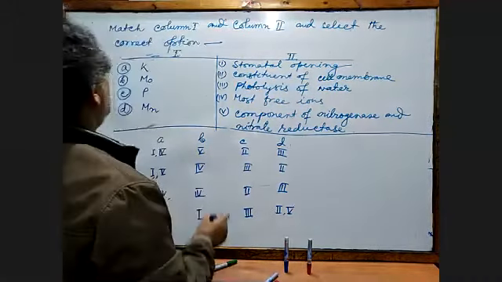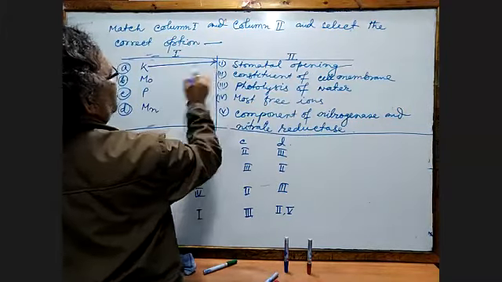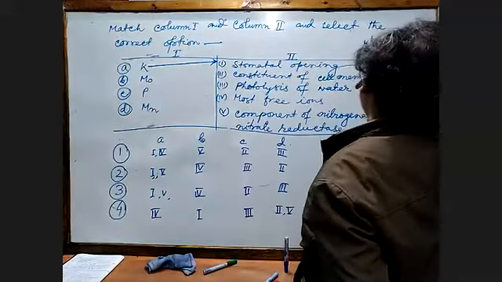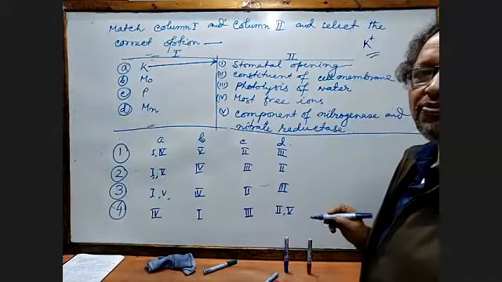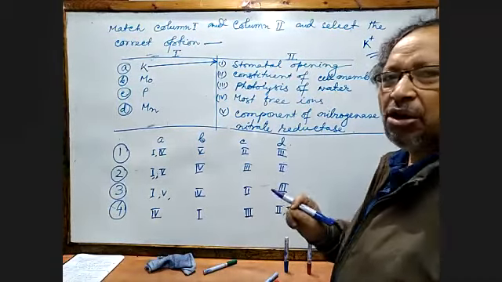See here, one thing: we have learned that potassium ion is very, very important for the stomatal movement, opening and closing of stomata.